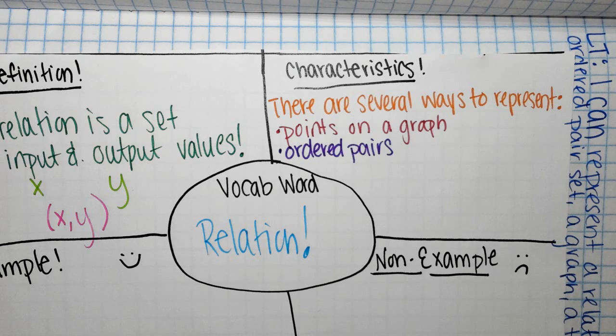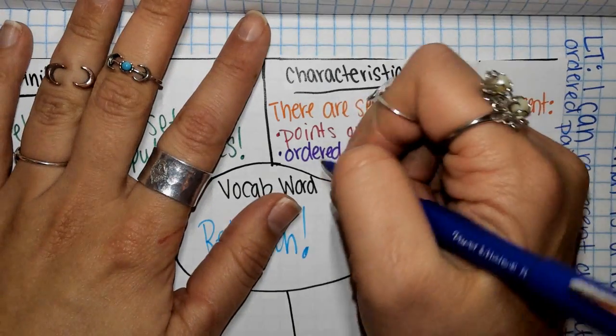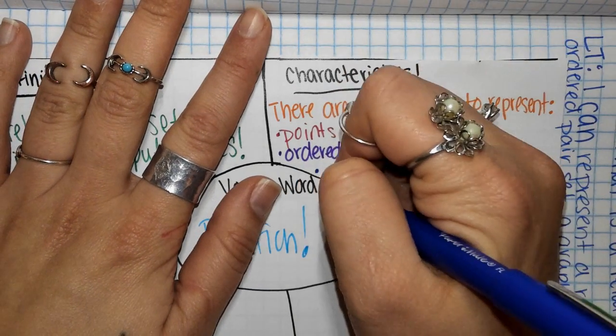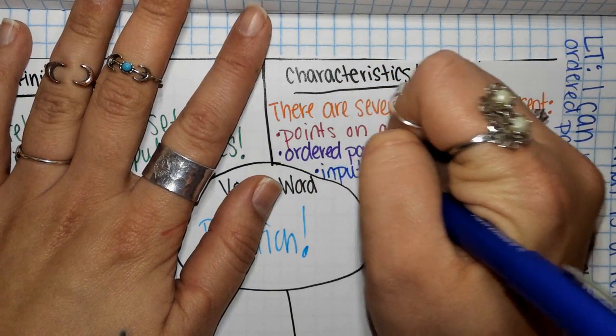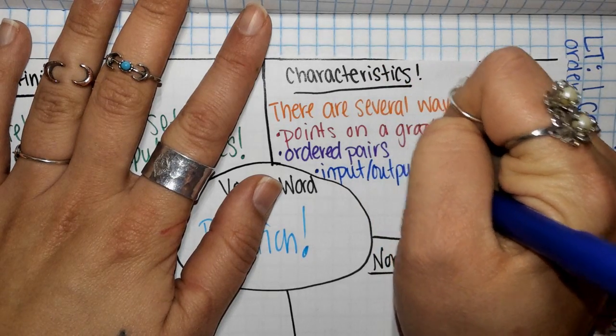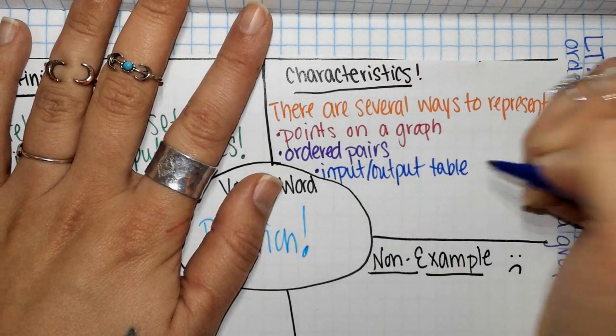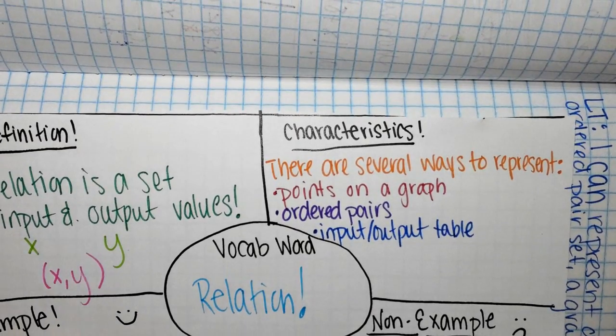Does anybody remember another way they've seen it? Starts with a T. Look at your learning table. Table, yes. Input, output, table. What's another way?